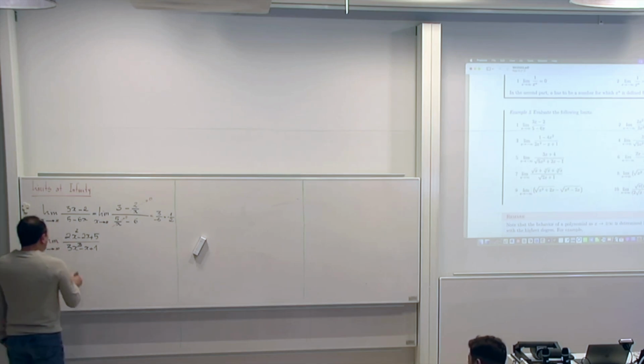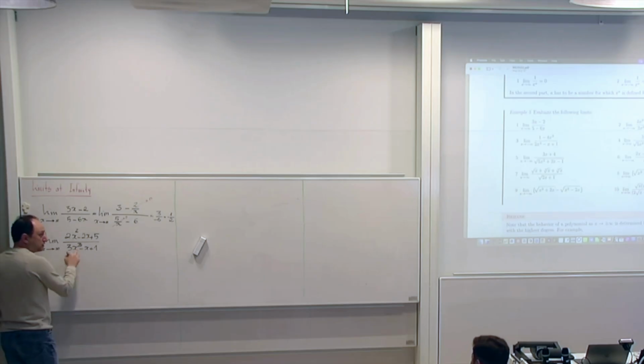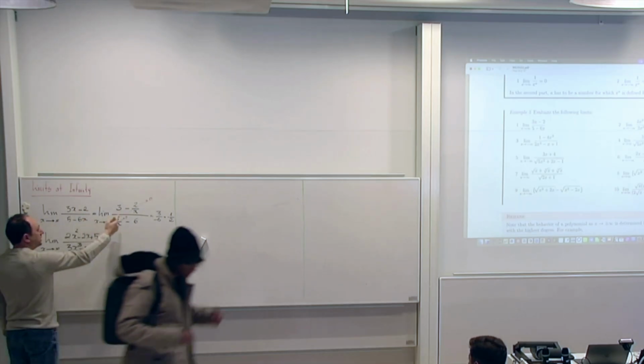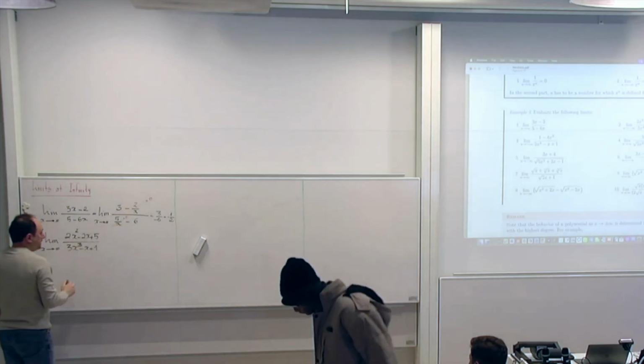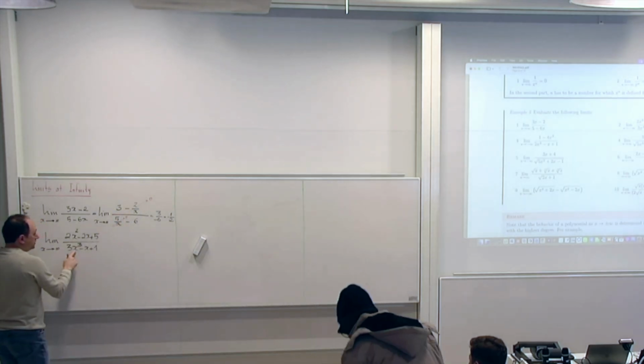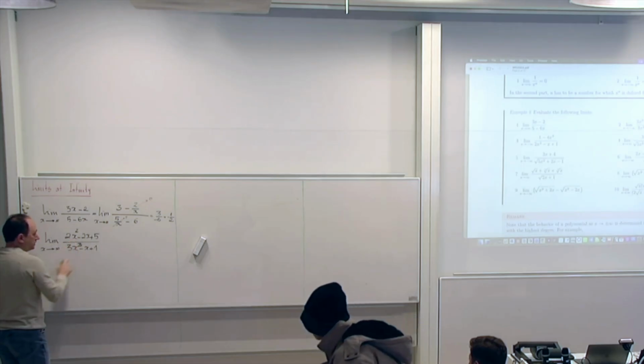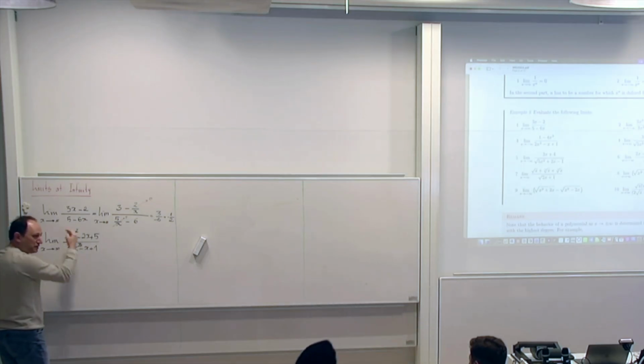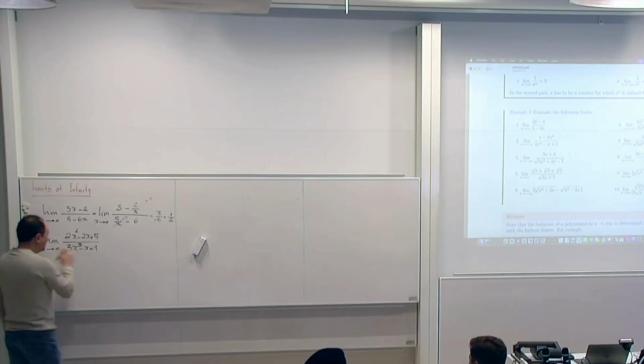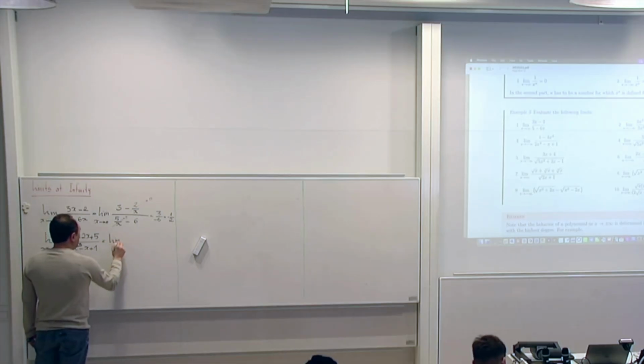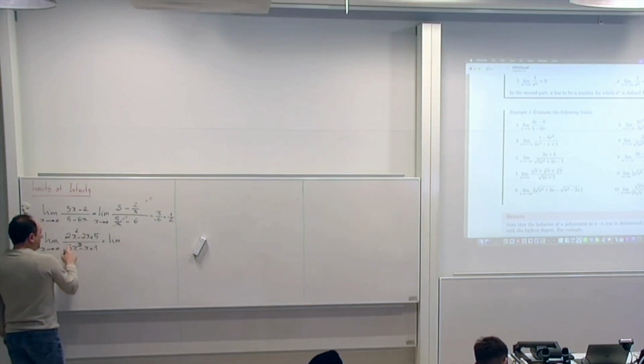So what we do here, we divide everything by the largest power. So remember, if the degrees are the same, you divide by that degree, x to that power. But if the degree of the denominator is bigger than the degree of the numerator, here it is 3 and this is 2, you divide by the highest degree, everything. So this becomes the limit. Let us do it in our head. If I divide this by x cubed, can you do it in your head?